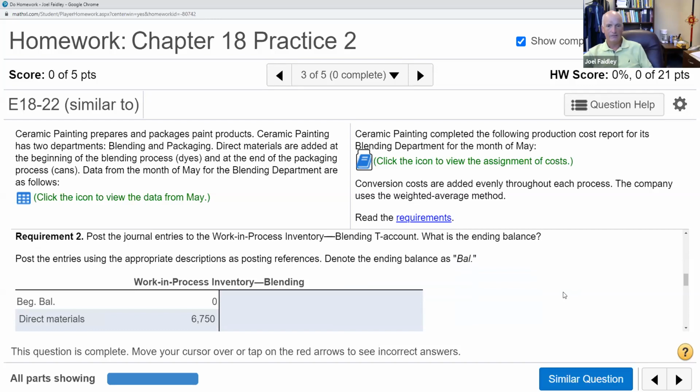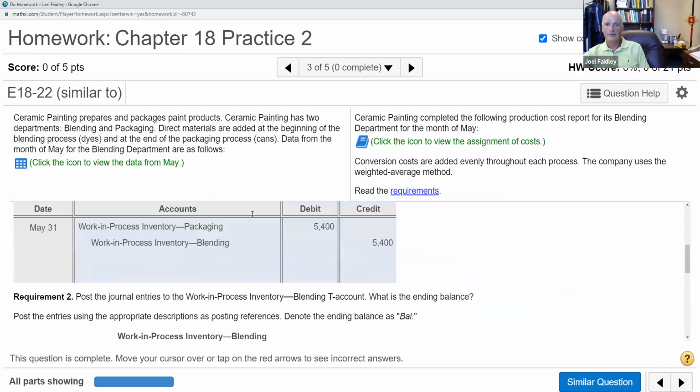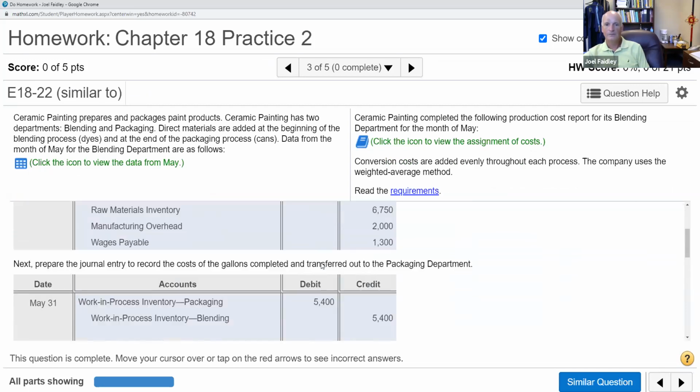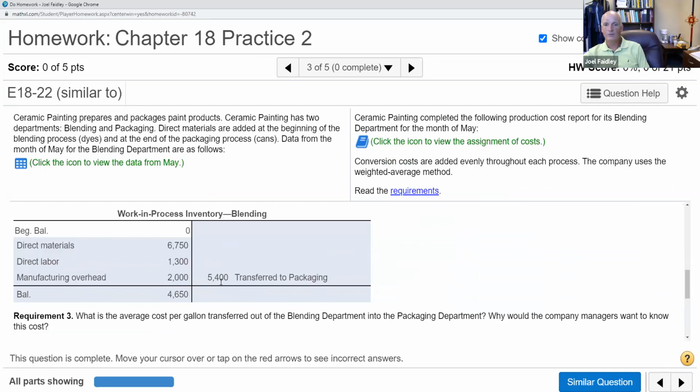And there's a T account. 0 beginning balance. I don't particularly like the fact that they did this because what it should show here is your debit that was up here, right there, 10,050. It's the total of this right here. And then there's the 5,400 journal entry we just made, transferred to packaging.